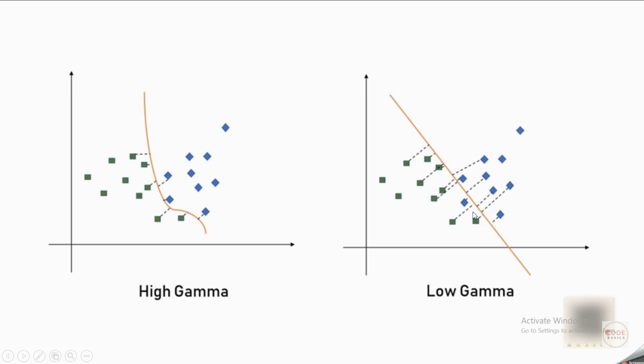And here in this case, when I'm having a linear SVM, there are some data points which are getting misclassified. So high gamma provides better accuracy as compared to low gamma, but it depends upon the data set as to whether we take high gamma or low gamma. So it is data set specific.